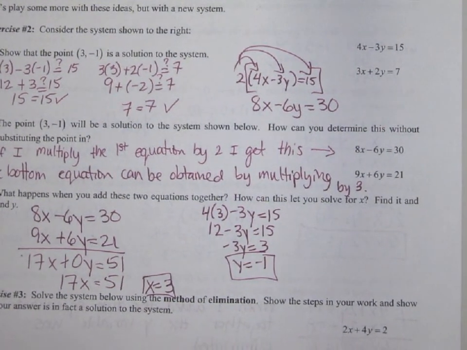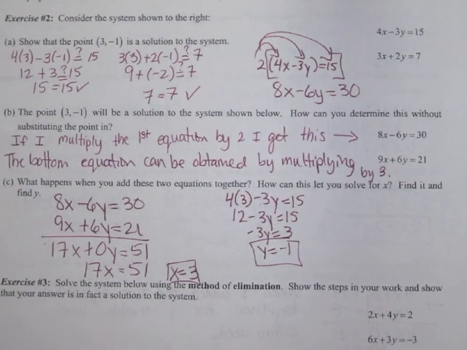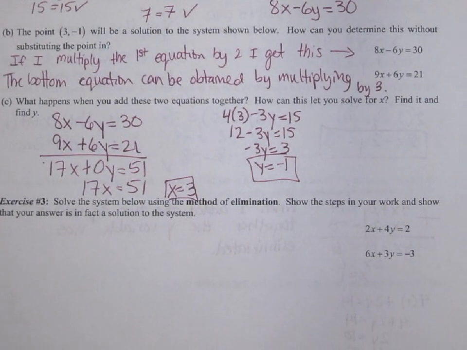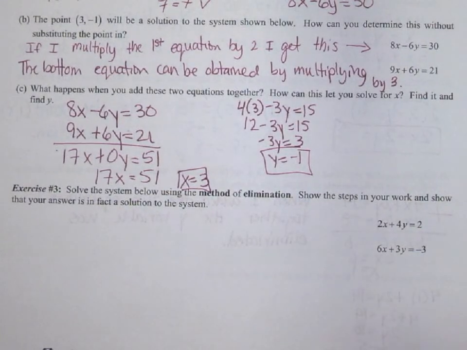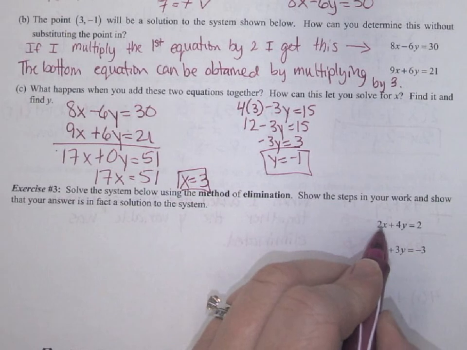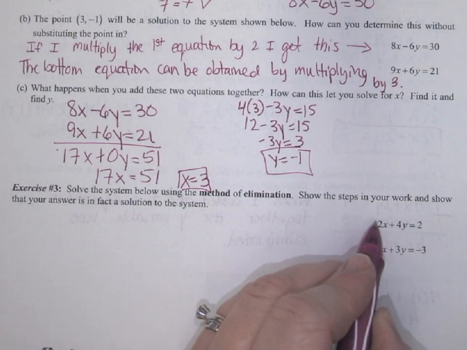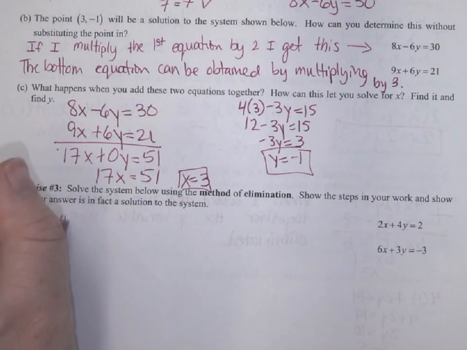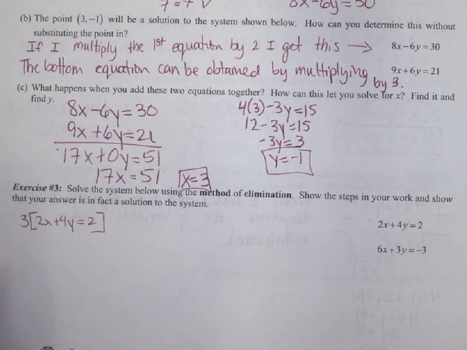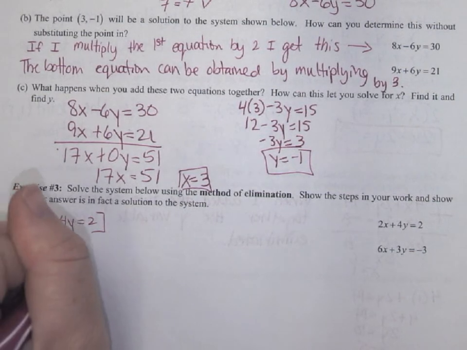So this method is called elimination because we are eliminating one of the variables. And we need to think about how we can do that here. We can do that two different ways. We can either multiply the first equation by 3, and I get 6x plus 12y equals 6.